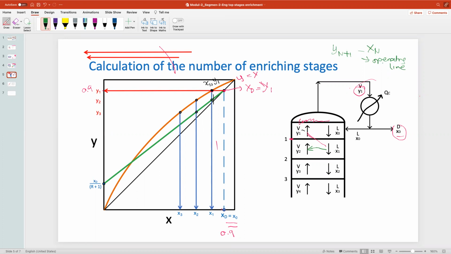I want the mole fraction of vapor at this point. You want to read it here. Yeah, that's good. Thank you, Gamma. Excellent. So I can see Y2.